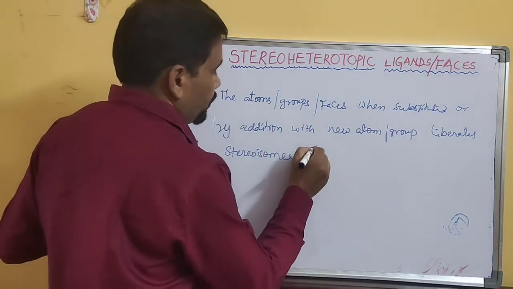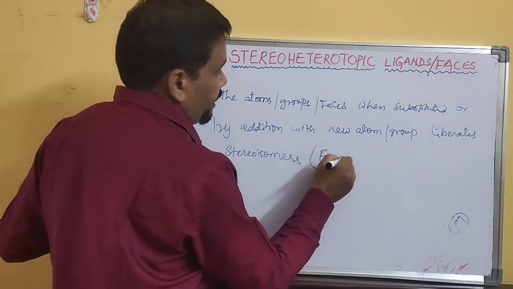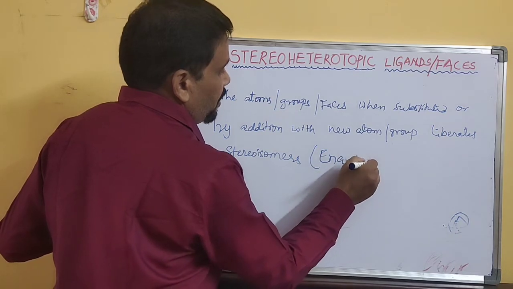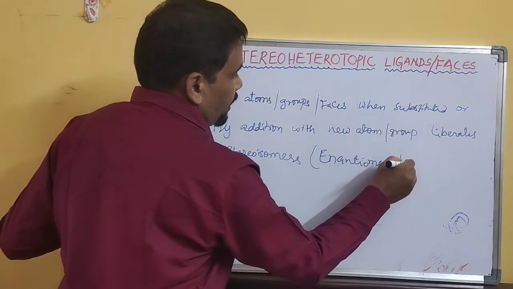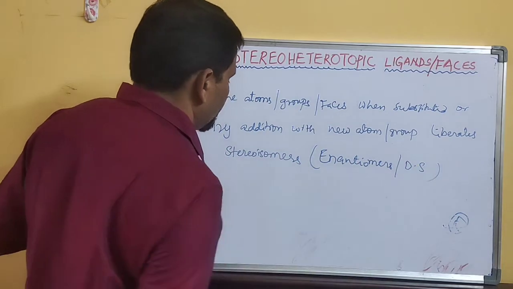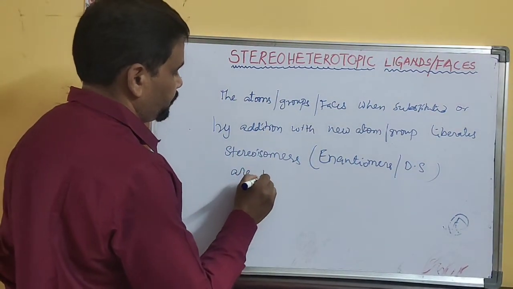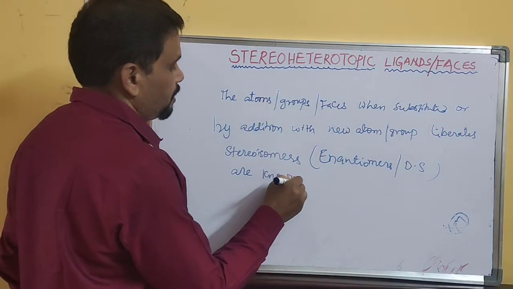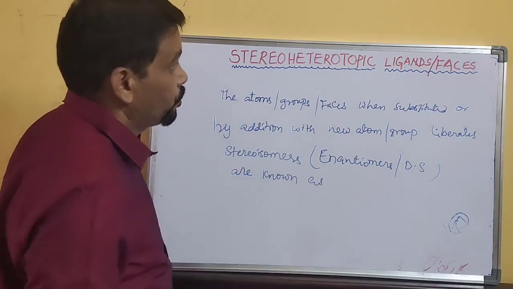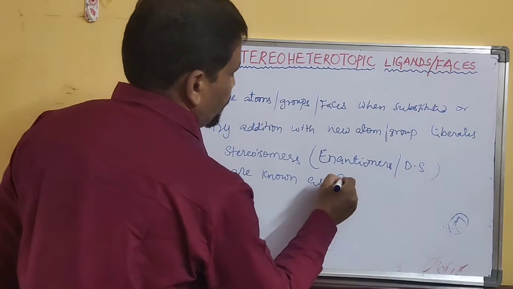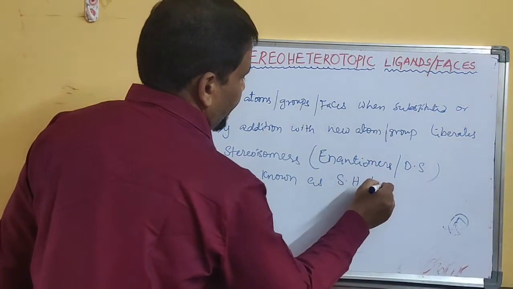They may be enantiomers or diastereomers. Such atoms, groups or phases are known as stereoheterotopic ligands.